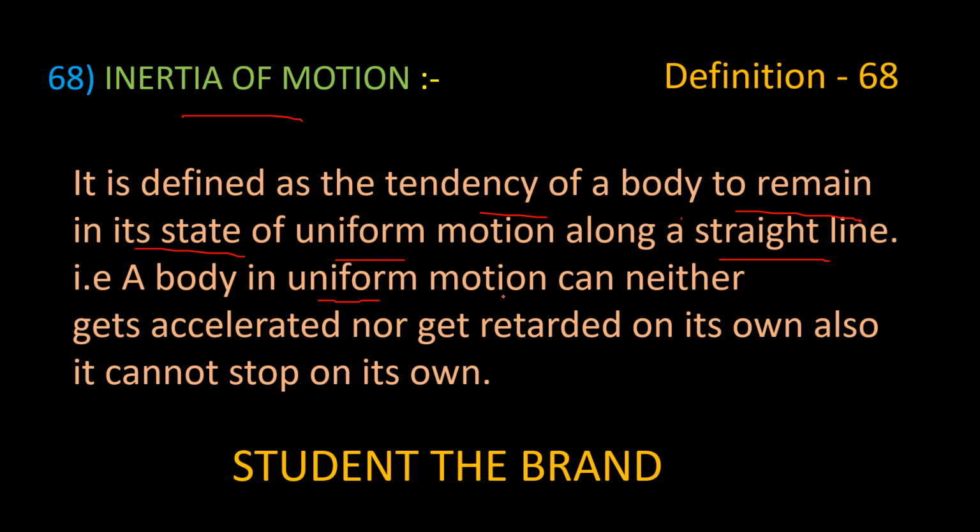A body in uniform motion can neither get accelerated nor retarded on its own, and it cannot stop on its own. So if it is moving, it does not stop on its own, until an external force acts on it.